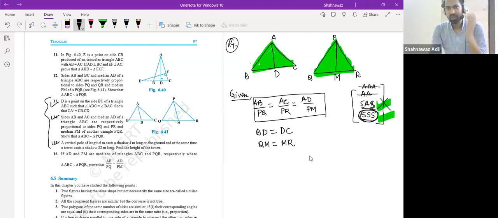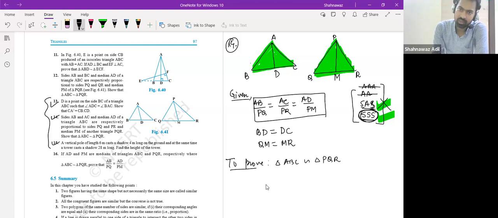Yes, sir. So now to prove triangle ABC similar to triangle PQR, first what we do is that let us use this relation.